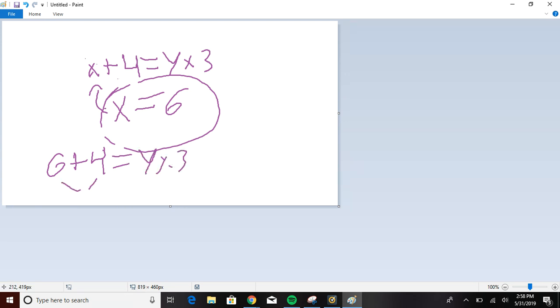Now 6 plus 4 equals 10. So we've got 10 equals y times 3. So that's solving for one side, and then we're going to solve for the other by dividing both sides by 3. Now, I think I made a mistake here, because dividing 10 by 3 would be very annoying.